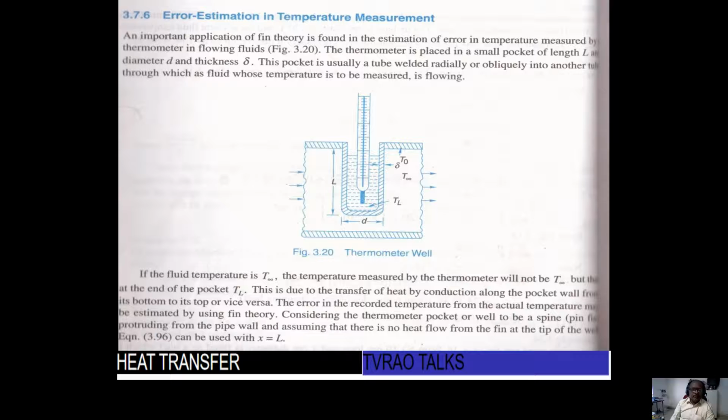For that, we make a small tubular well-shaped pocket where the length of the pocket is L and diameter is D. Inside, you fill with water and measure the temperature, where the temperature at the end point is TL. T infinity is the fluid temperature and TL is the temperature at the end point of this pocket.